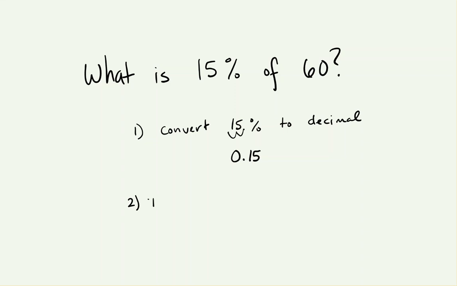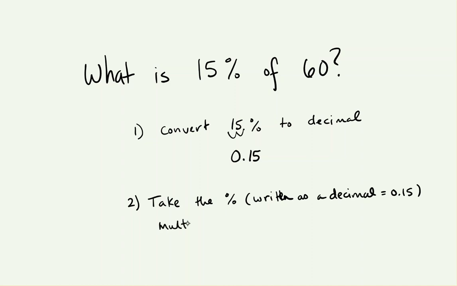Step 2, take the percent written as a decimal, which we just found. In our case, this is 0.15. And then multiply that by the number given.